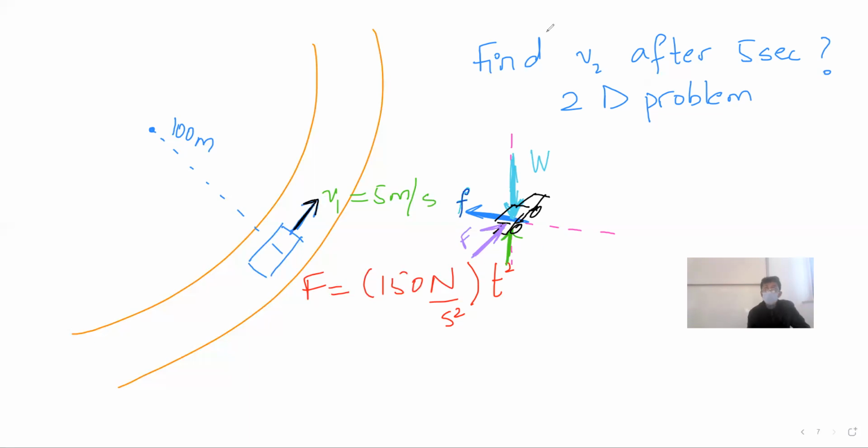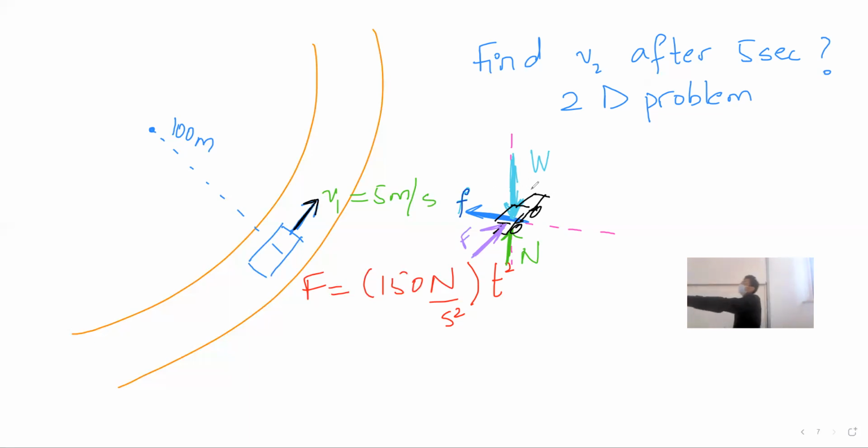And the normal force is the green one, right? Now, why did I make this complicated drawing? Just to explain to you what is happening. Do you care about weight and normal force? I don't think so. Do you care about the friction? I don't think so, because friction is going through the center.